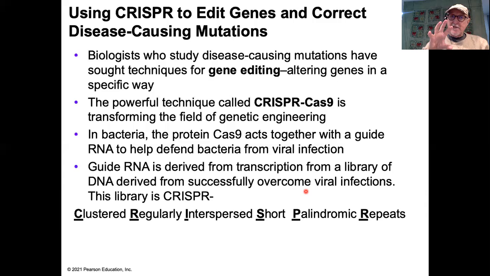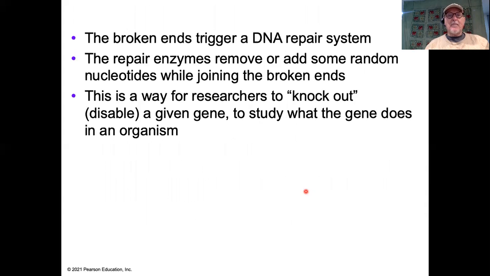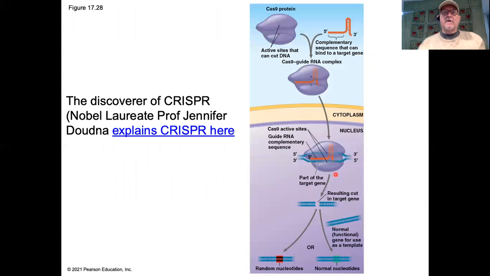We have this protein, Cas9. It goes to the library, and it makes a messenger RNA strand corresponding to a length of previously seen viral DNA. So that is called the guide RNA. So let me just go to the diagram.